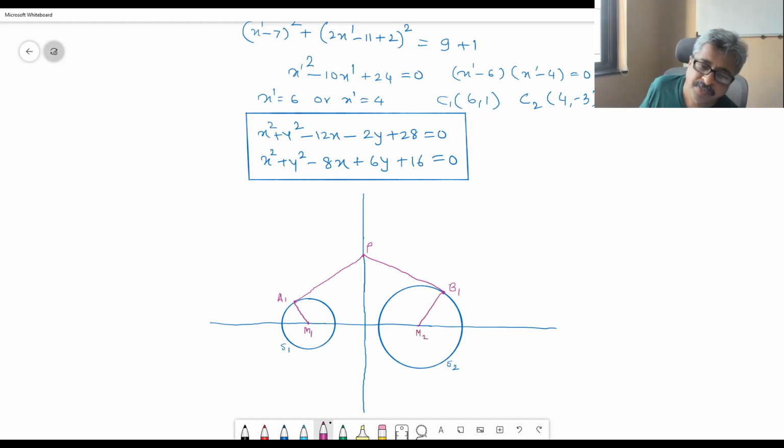Now, because this length of tangent is the same, I think we should be able to draw a circle looking like this, almost to the scale, passing through these two points, something like this.